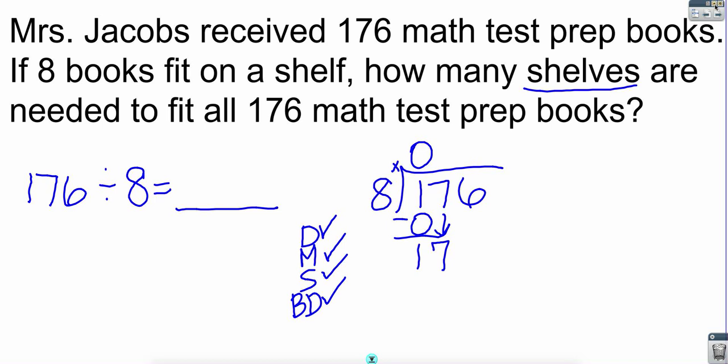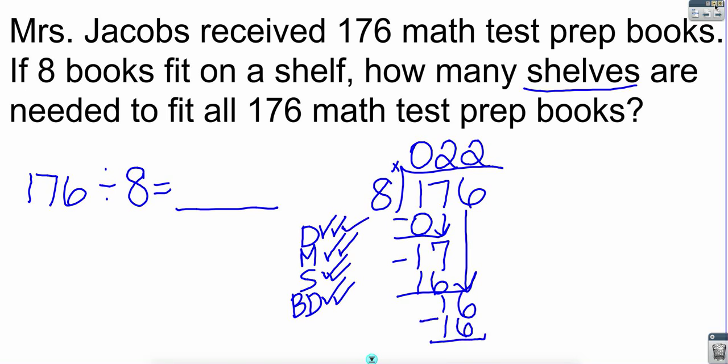Ooh, 24 passed, so it's twice. 2 times 8 is 16. Subtract. Bring down. Divide again. How many times does 8 go into 16? Oh, that's 2 times. 2 times 8 is 16.